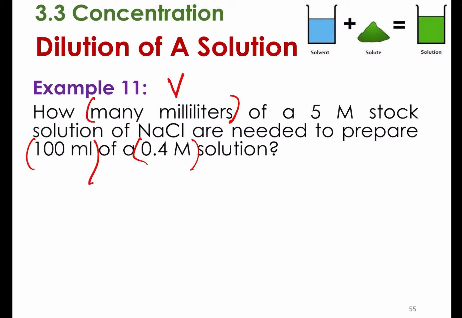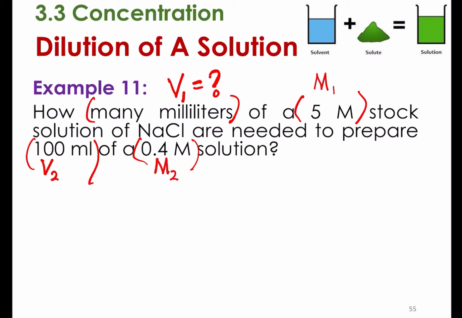So this is before the dilution, either I use 1 or I use I. So this is my V1, the one that I want to calculate. And I have 5 molar of stock solution of NaCl, so automatically this is going to be my M1. And then I have V2 and I have M2.